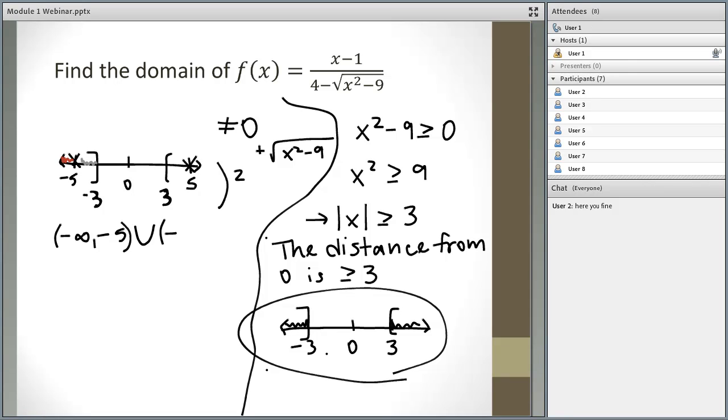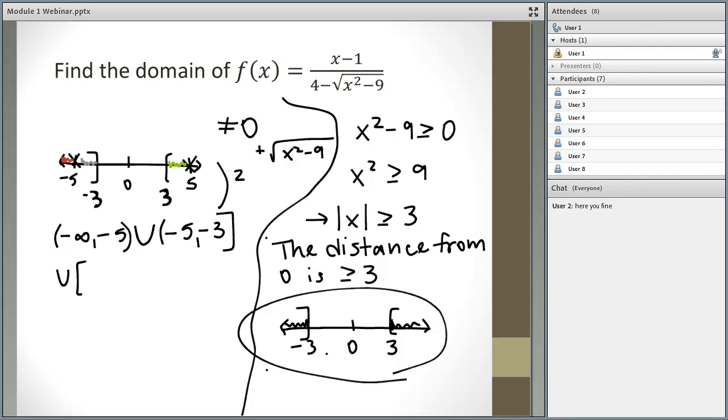So from -5 up to -3, and we don't include the -5. Remember, x can't be 5 or -5, so we don't include it, but we do include the -3 because it can be -3. And then we have the other interval from 3 up to 5. So right there, from 3 up to 5.